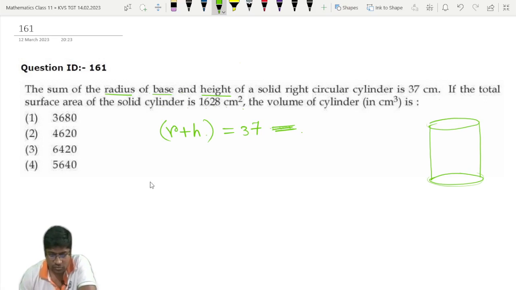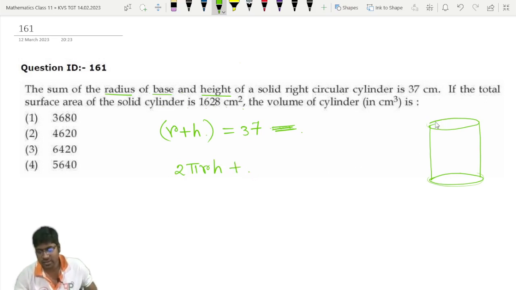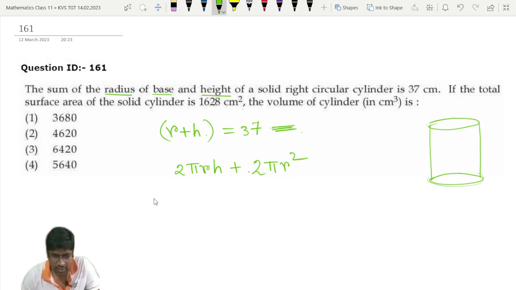So the lateral surface area is 2 pi r h, and the surface area of the top and bottom is pi r square each, so it is equal to 2 pi r square. So this is the total surface area of the cylinder and that is given 1628.